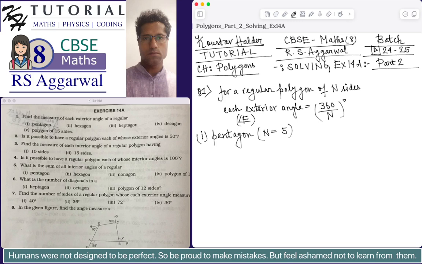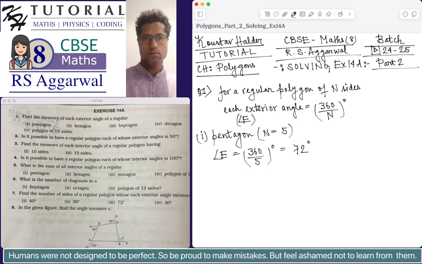So for a regular pentagon, which has 5 sides, each exterior angle will be equal to 360 divided by 5 degrees, which is equal to 72 degrees.